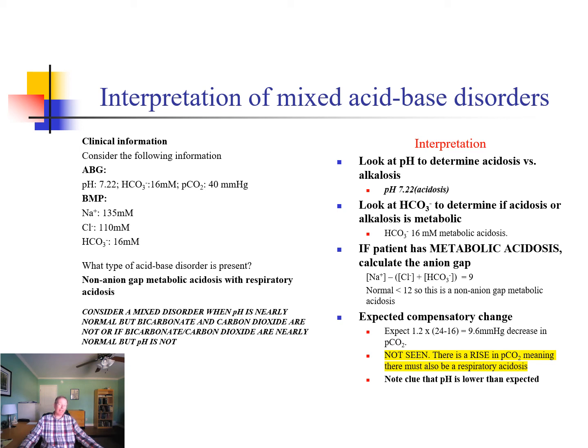But now when I calculate the expected compensatory change, I expect about a 10 millimeter of mercury decrease in the CO2. That is, the CO2 should have gone from 40 to 30, but it did not. This is a clue that there is a mixed disorder. The carbon dioxide is actually higher than what I expect.